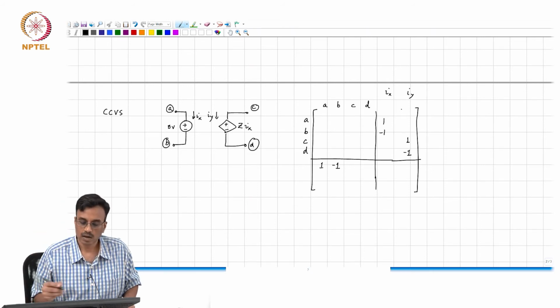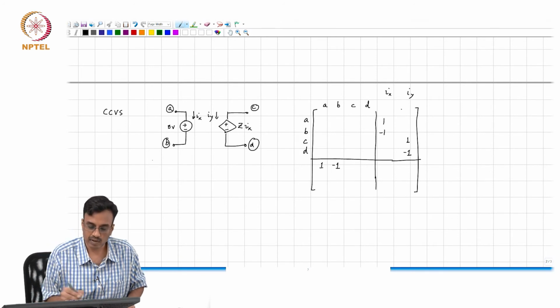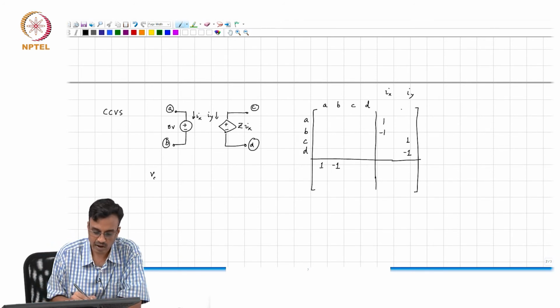You see VC minus VD minus Z times Ix equals 0.